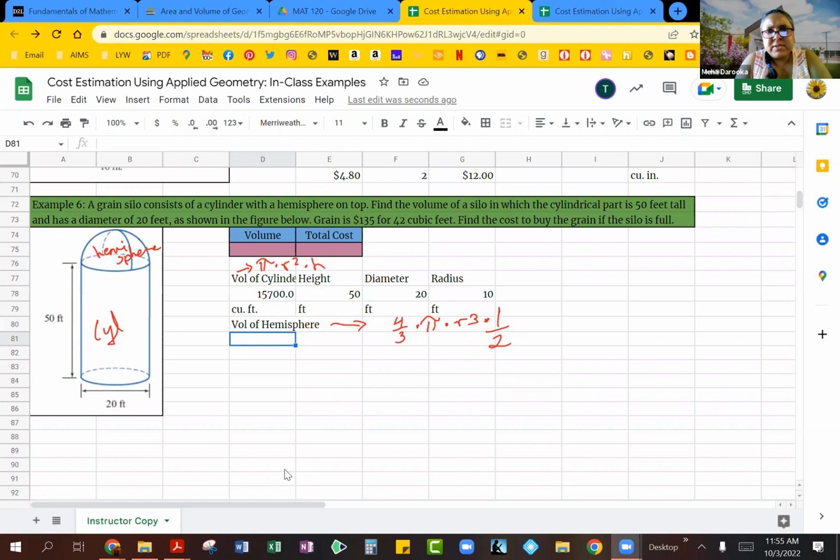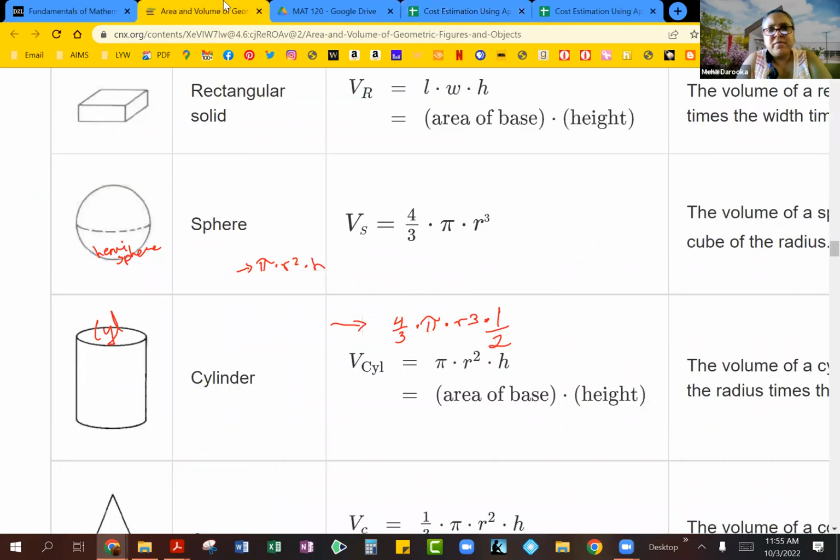Terry, I see your answer. Yeah, sure. So here's the formula from the textbook. Okay, Sabrina, okay. Destiny, I don't have the answer yet, so I will check and see.